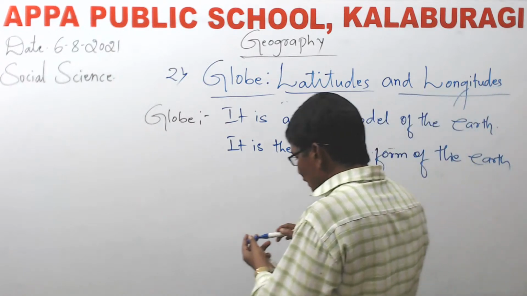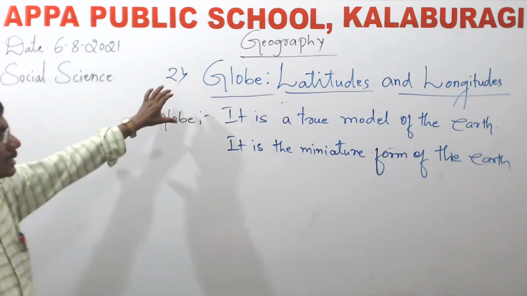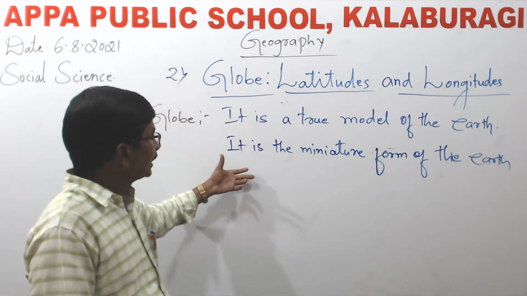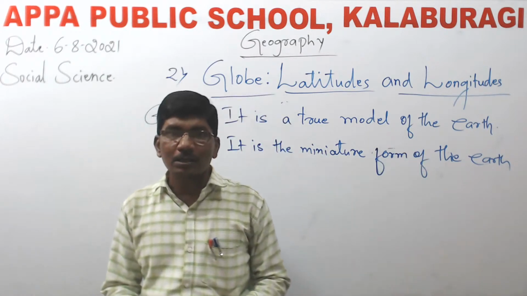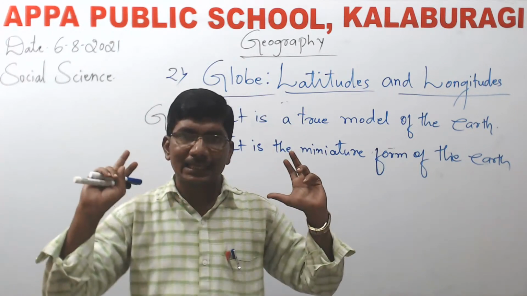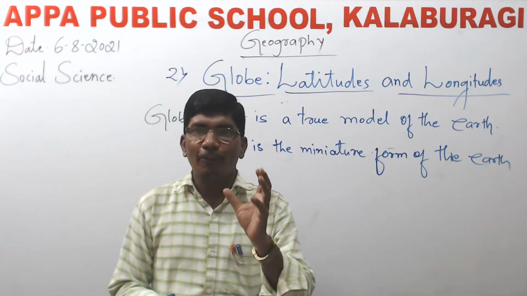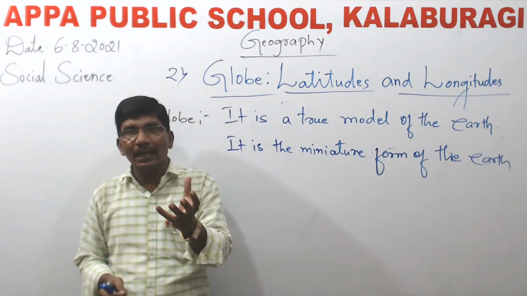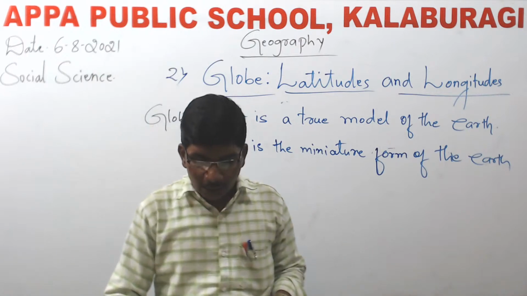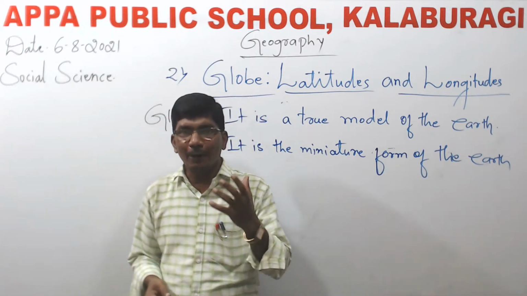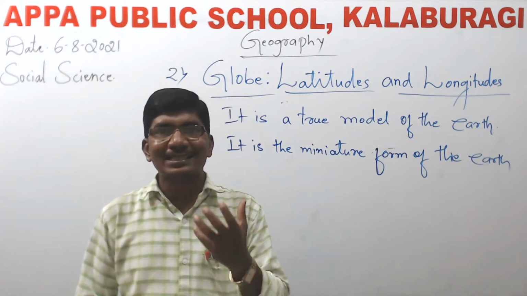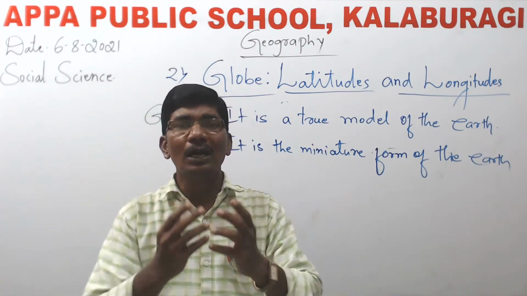Okay, so this is the globe. What is a globe? It is a true model of the earth. It is the miniature form of the earth, because we cannot see the whole earth. So for that reason we made the globe. By following this globe we can study the whole earth.